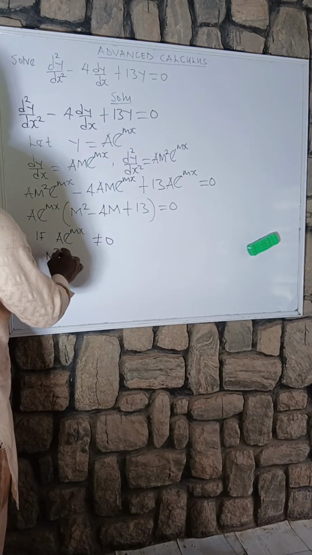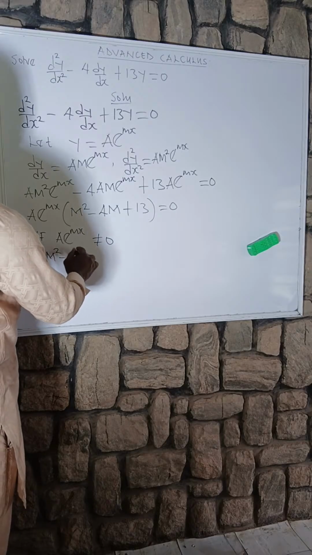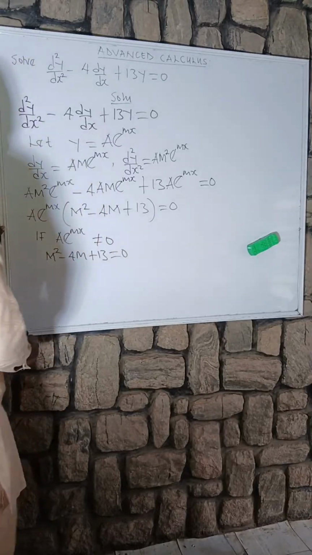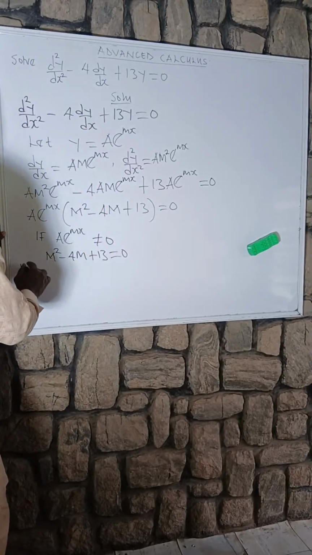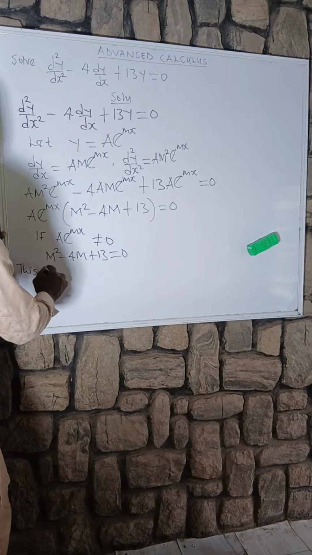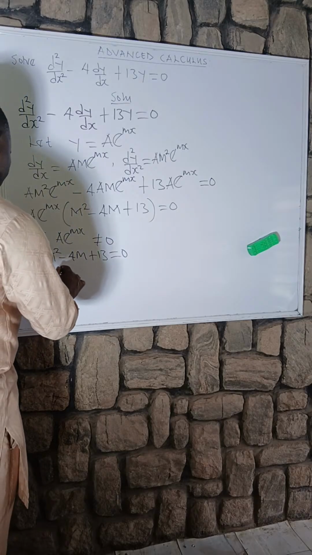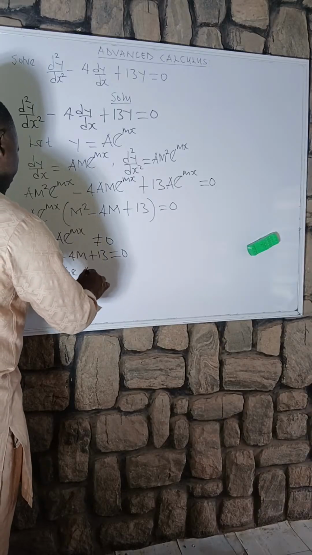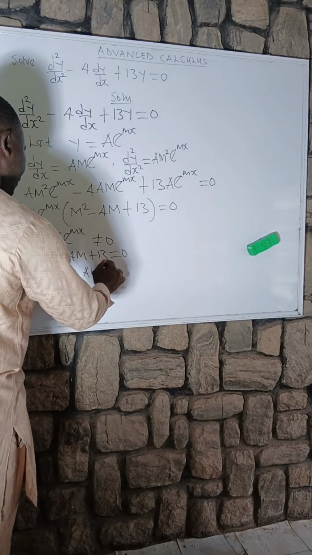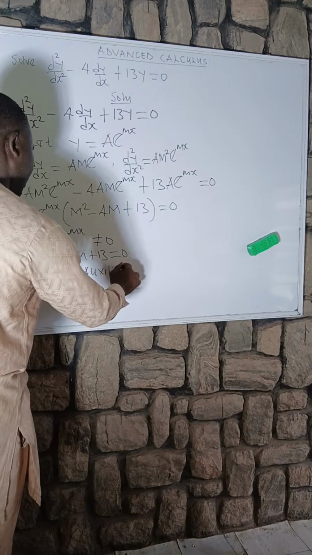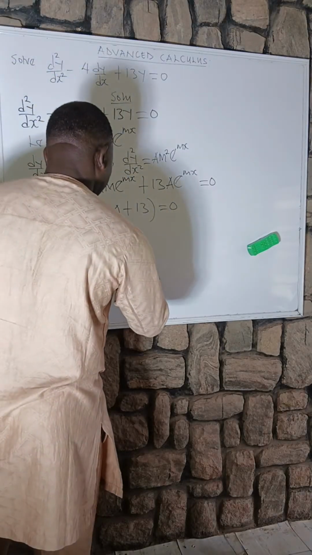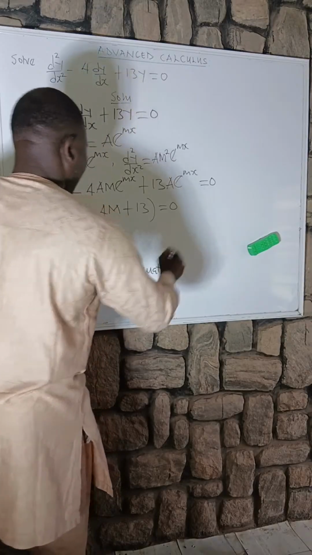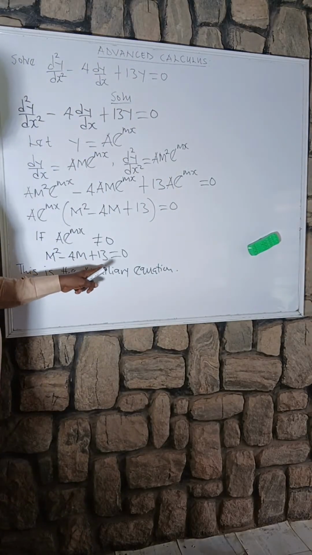It means m squared minus 4m plus 13 equals 0. And this is called the auxiliary equation. This is our auxiliary equation.